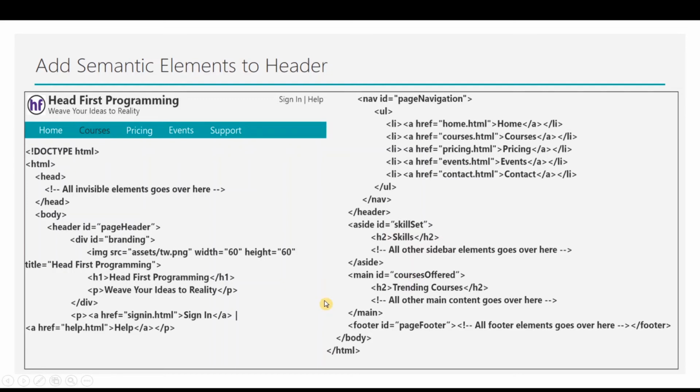I would like you to recall all the HTML elements we discussed earlier in this course and try to figure out the elements that can best describe these header contents. This is how I have marked these contents out.